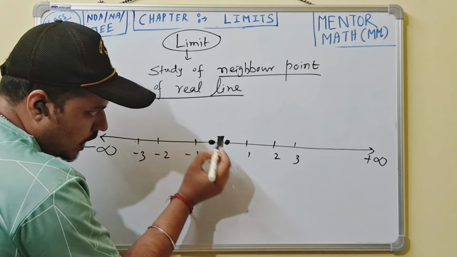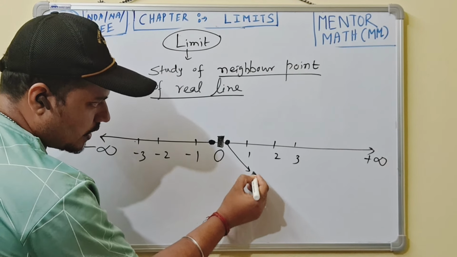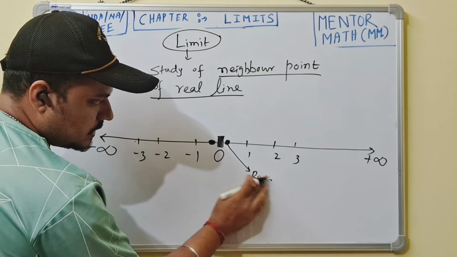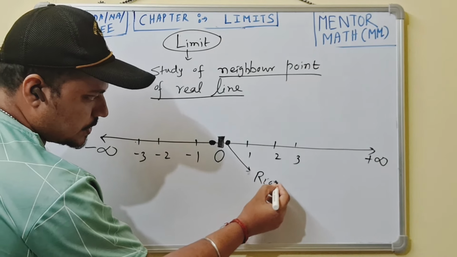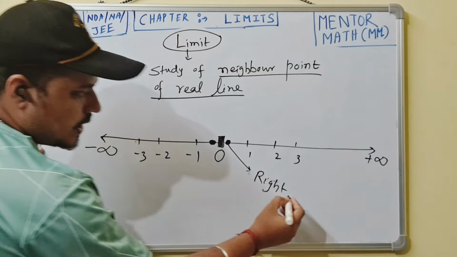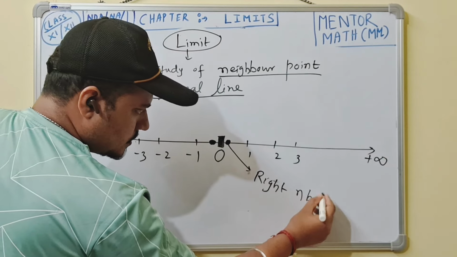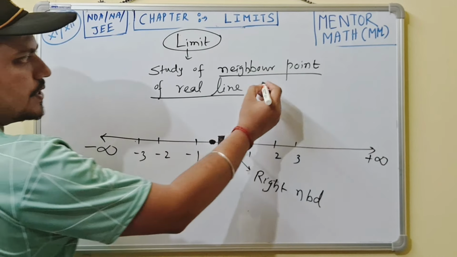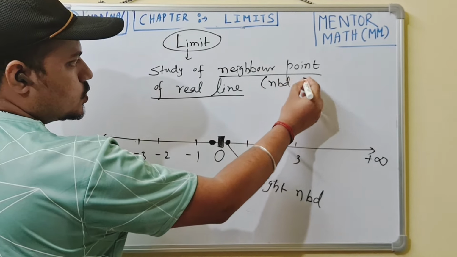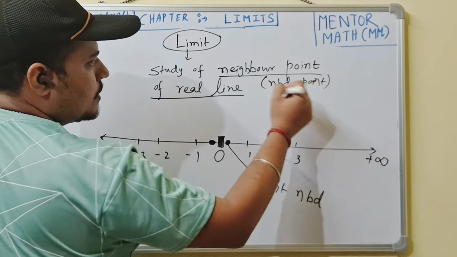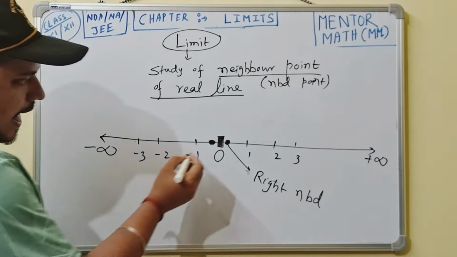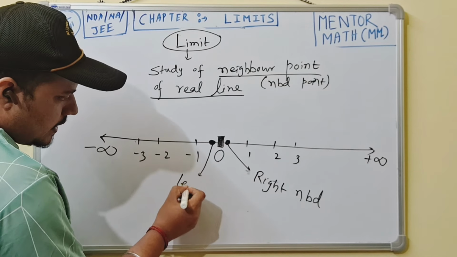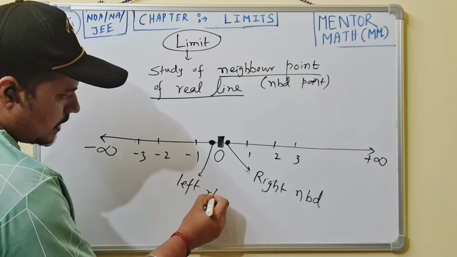This is your right neighbor. The short form is NBD, neighborhood point or neighbor point. This is your right neighbor point, and this is your left neighbor point.